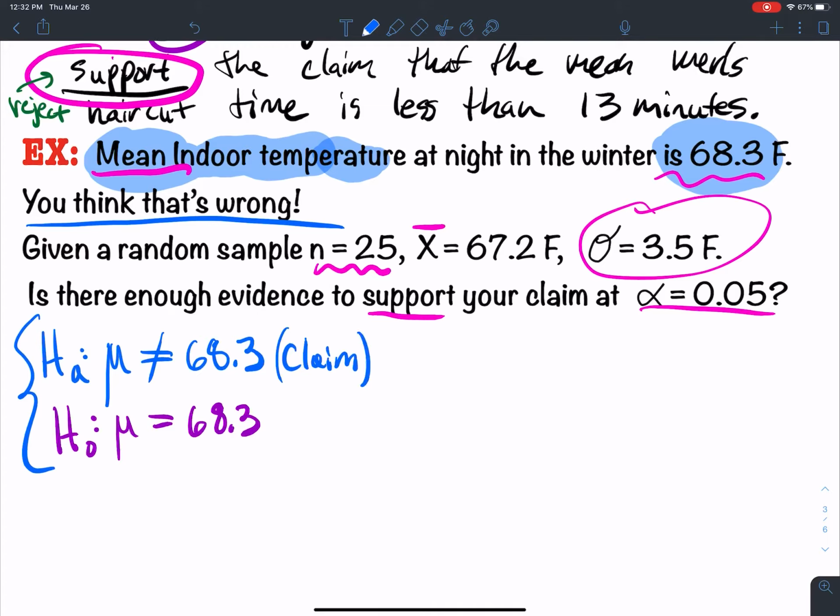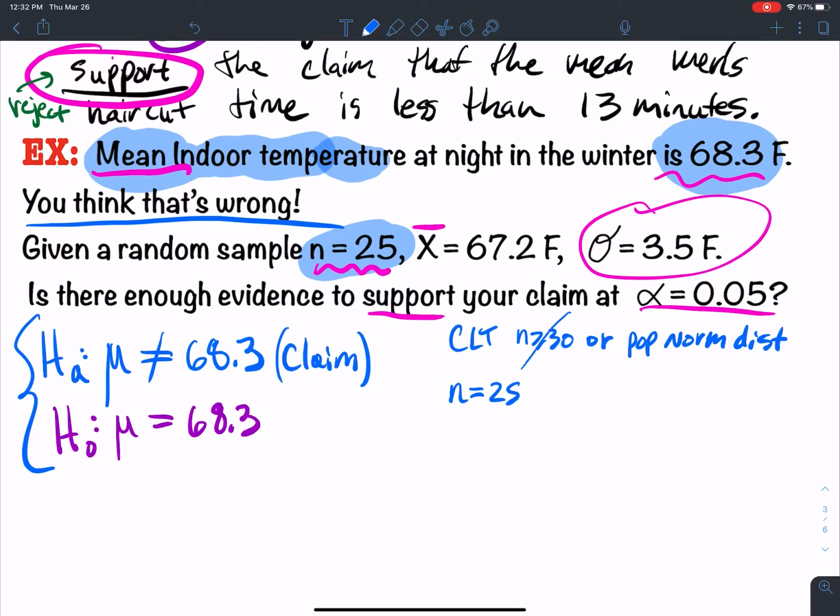All right. Now, in order to use this, I have to know from the central limit theorem that n is greater than or equal to 30, or that the population is normally distributed. If I look here, I have my next number, n = 25.